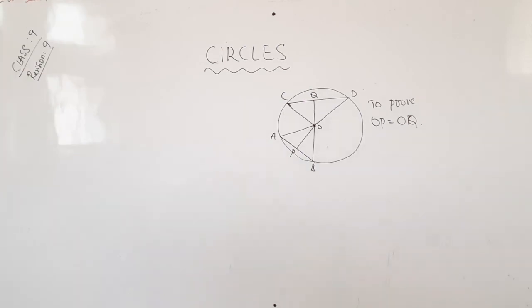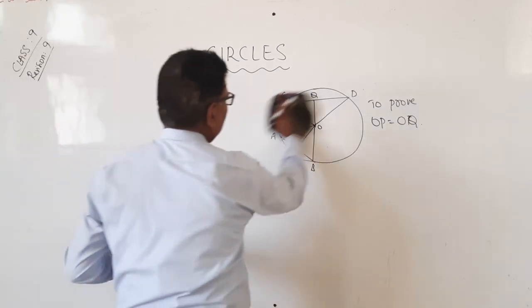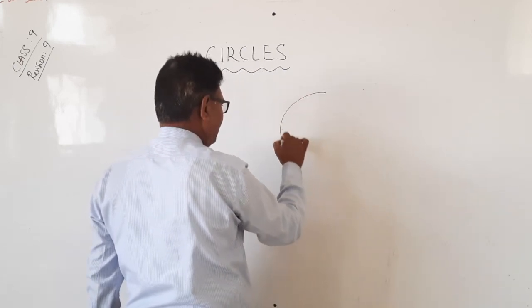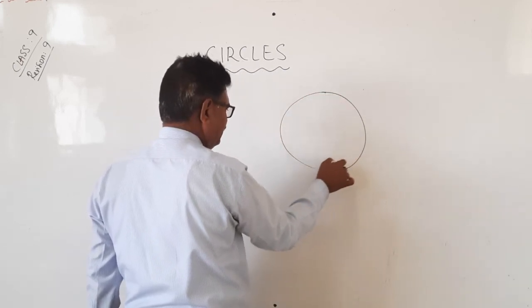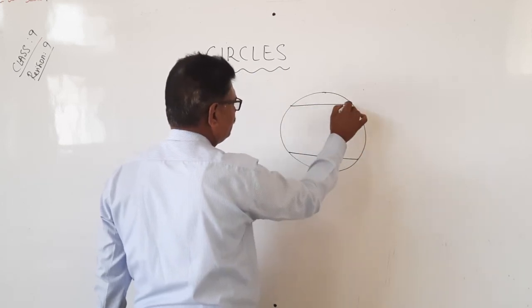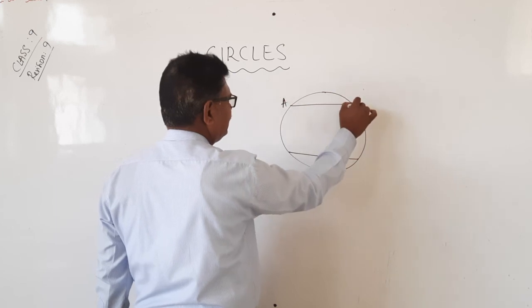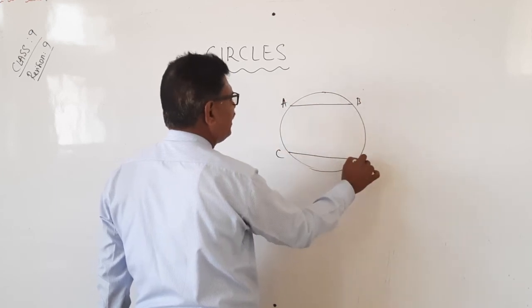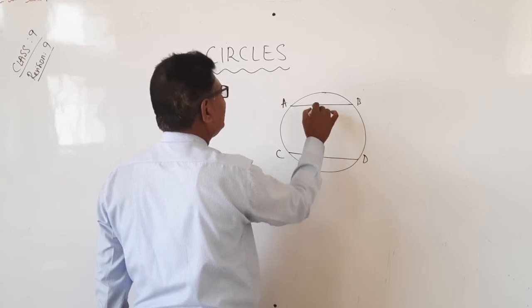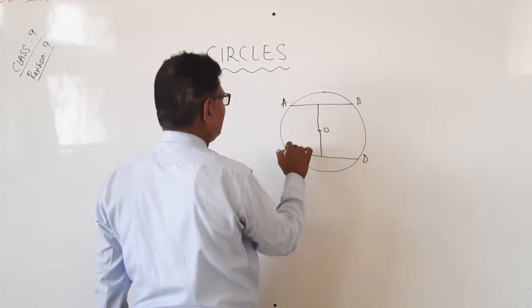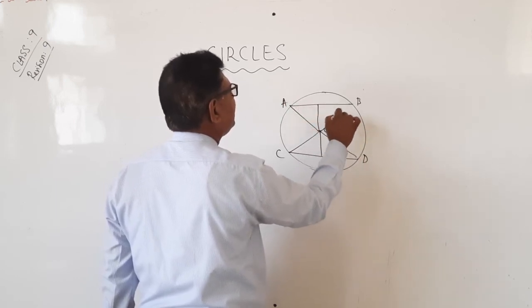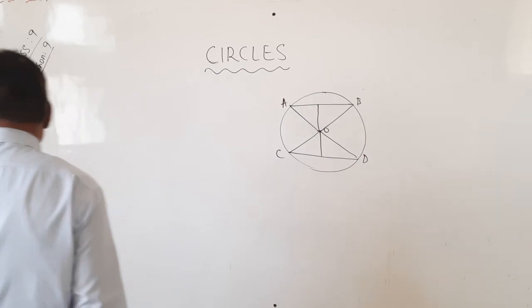Before this, we should prove that if a circle is there and two chords AB and CD are equal, then they are equidistant from the center.